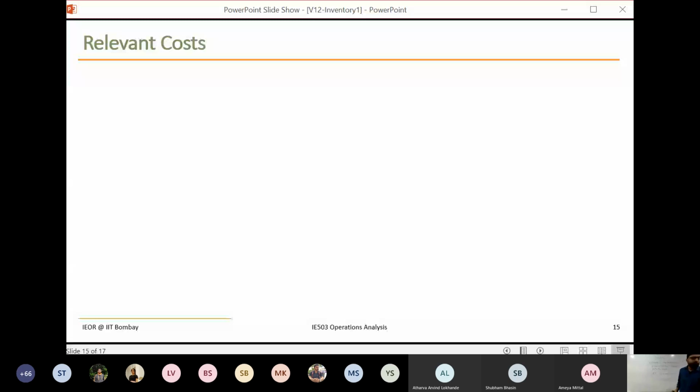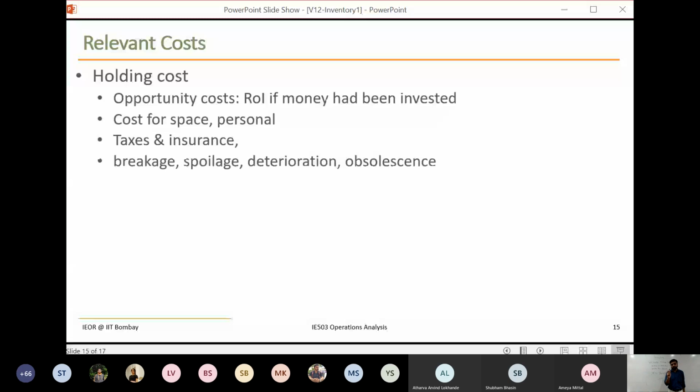The 3 costs that we are going to be interested in: one is called holding cost, which is very direct. I have inventory, and it costs me something to hold that inventory there. You can imagine a warehouse. If I'm going to use a warehouse in my factory, that means I need to buy that much real estate space, or rent that space. Even if it's my own land, I need to pay the bank some money for that land.